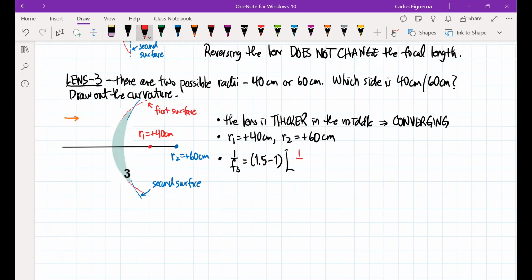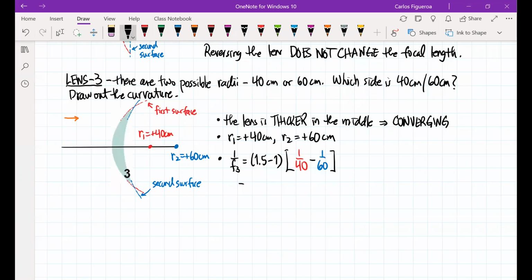I have 1 over 40, then I get minus 1 over 60. Note that that square bracket automatically gives you a positive value.